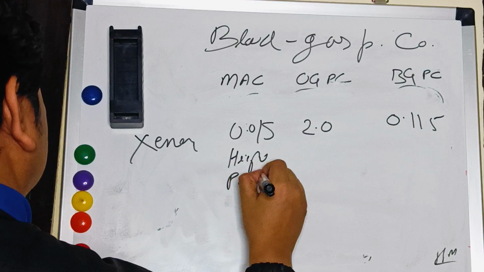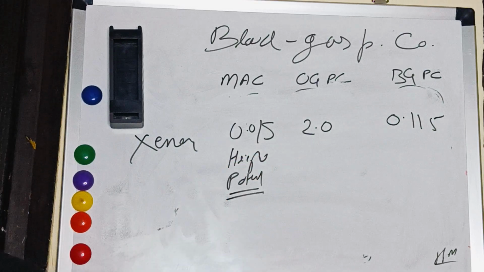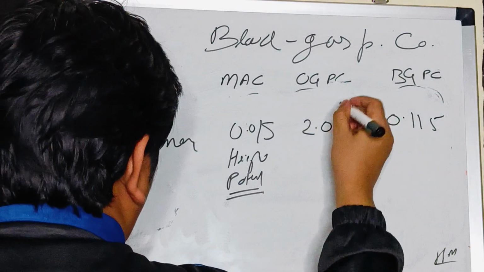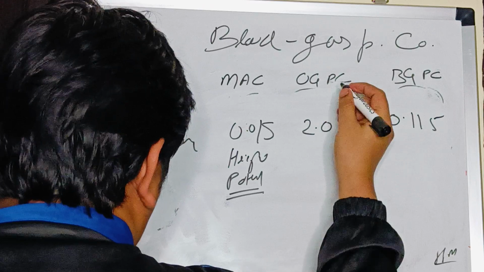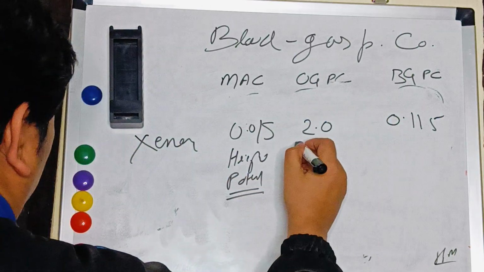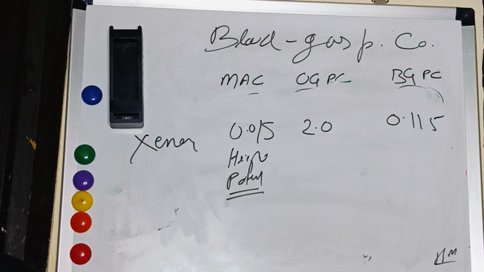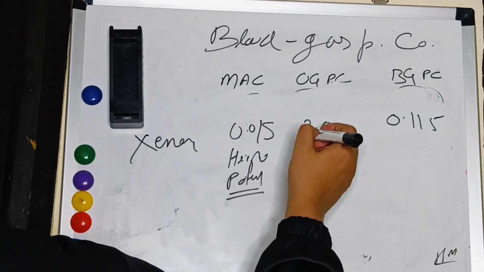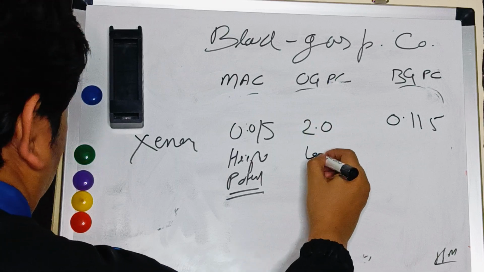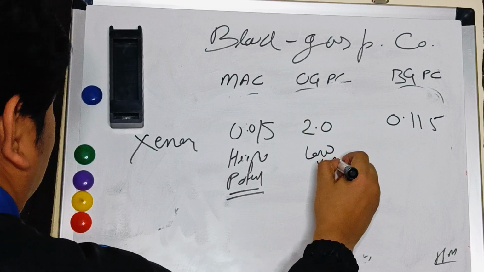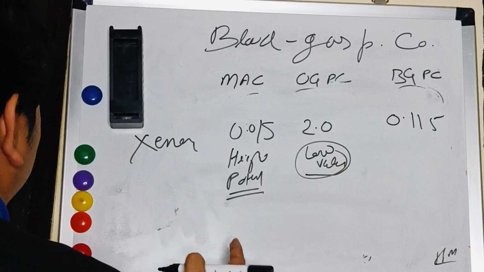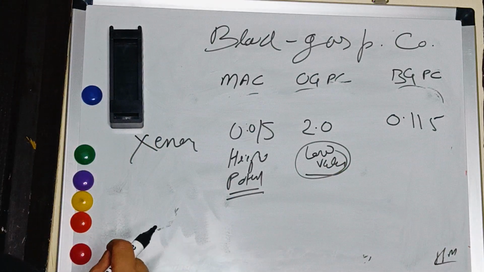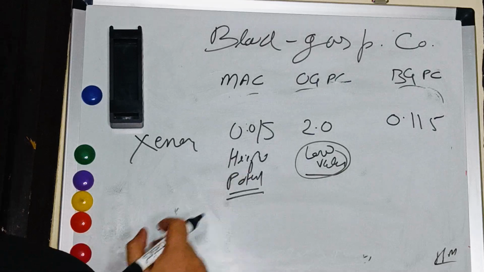Highly potent drug, but moderate lipid solubility. According to the oil gas coefficient, 2.0 is a low value, and a low value means low potency, but it is highly potent. I will explain it just a bit later.